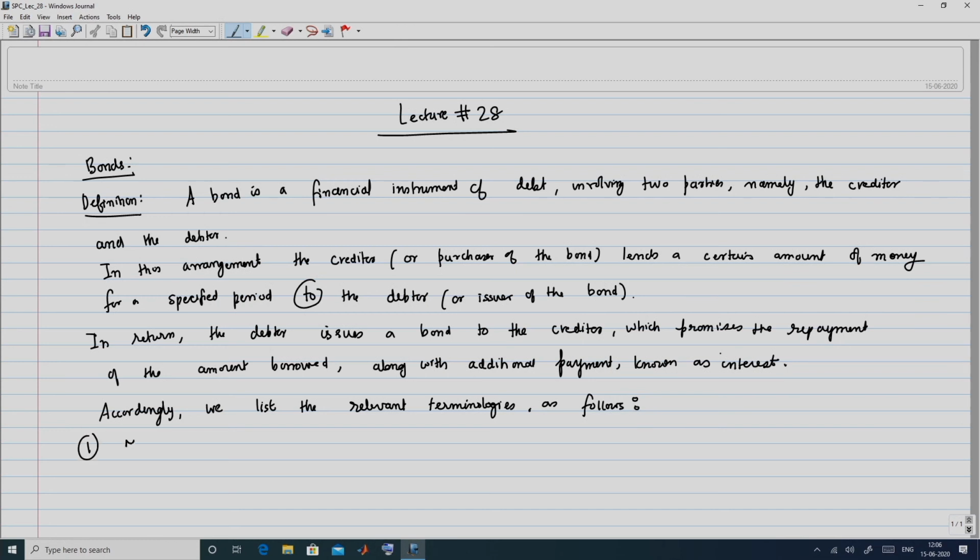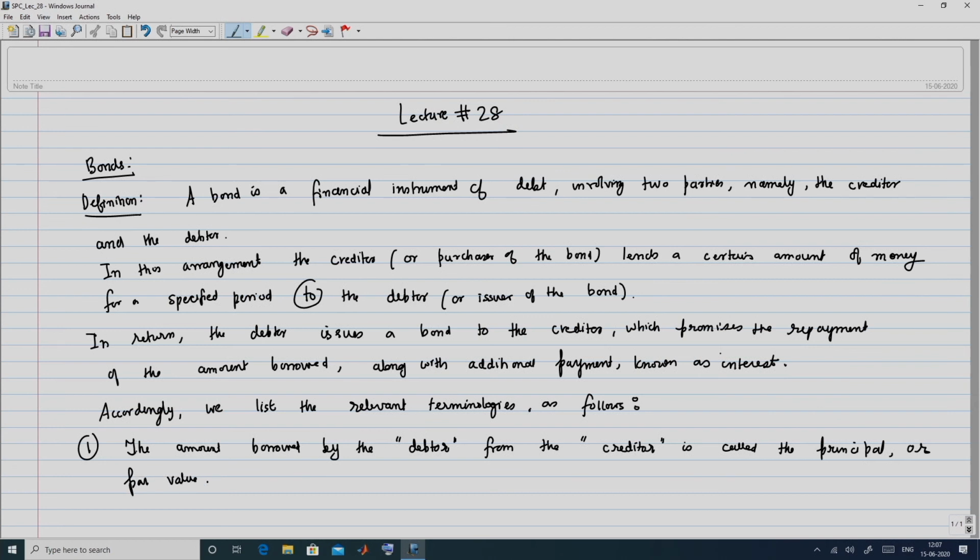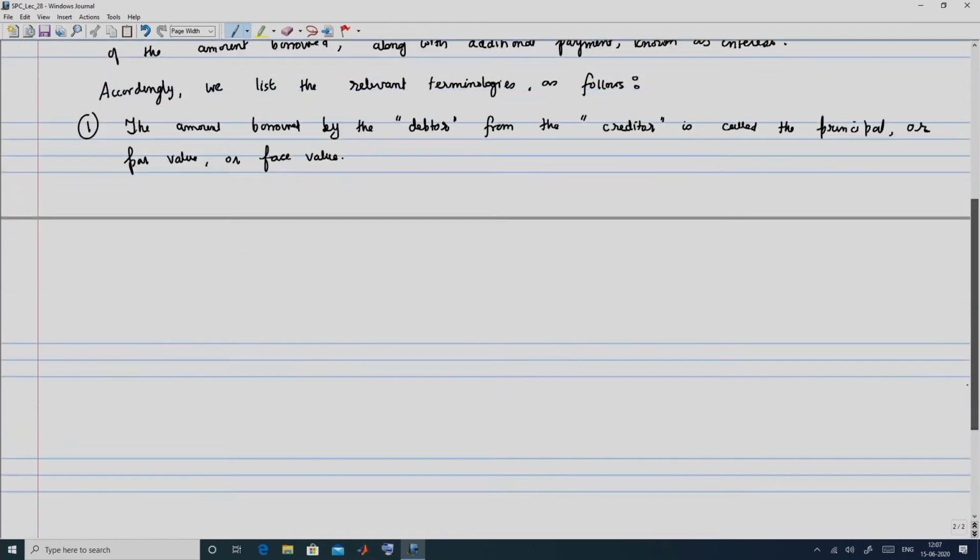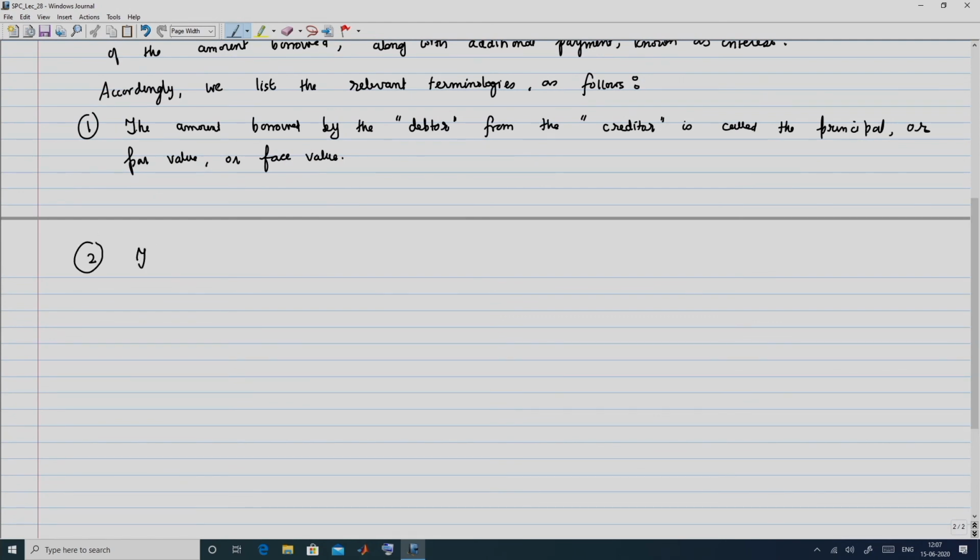So, the first one is the following, that the amount borrowed by the debtor from the creditor is called the principal or par value or face value. The second terminology is regarding the time.